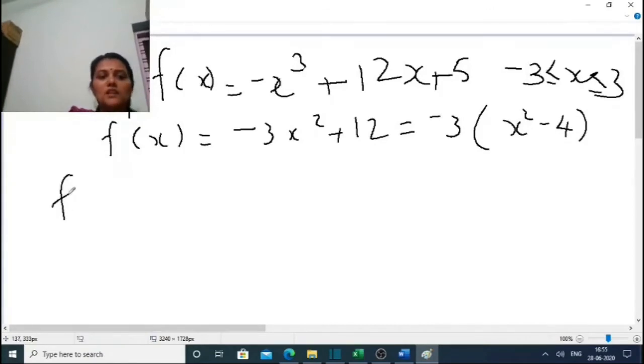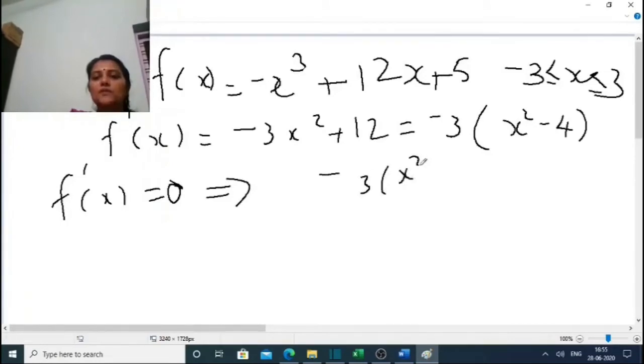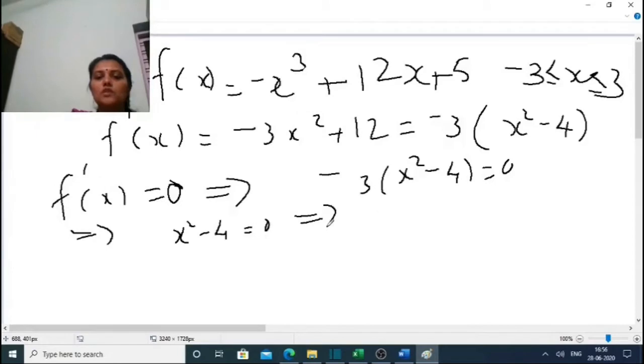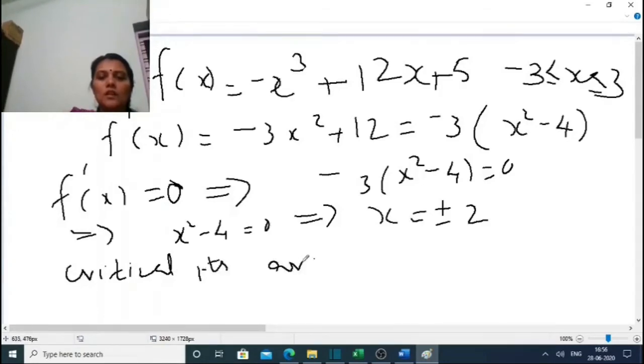So f dash x equal to 0 implies minus 3 into (x square minus 4) equals 0, which implies x square equals 4, so x equals plus or minus 2. So critical points are x equals plus or minus 2.